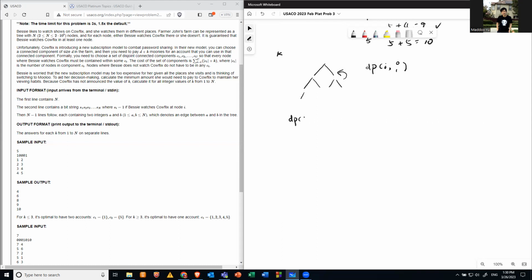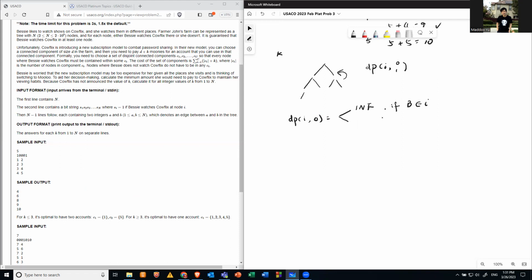So dp of i of 0 is going to equal infinity if Bessie is actually on this node. Because in this condition, if Bessie has to be on this node, then that has to be infinity, because there's no way that it's not on the node.